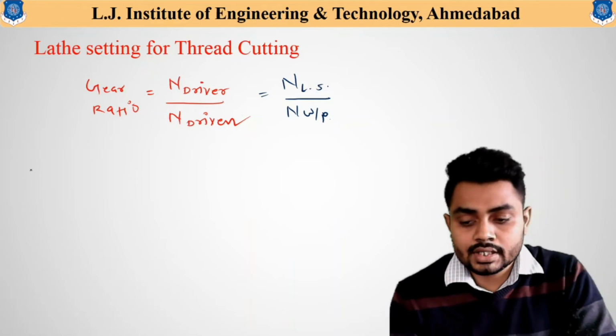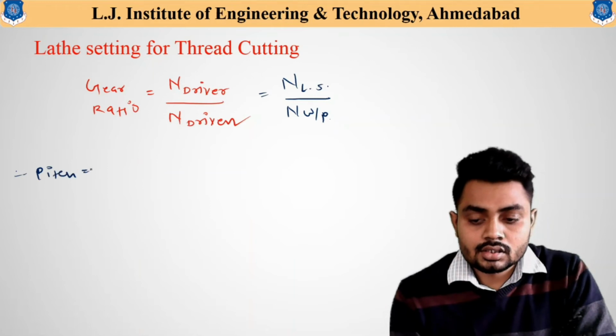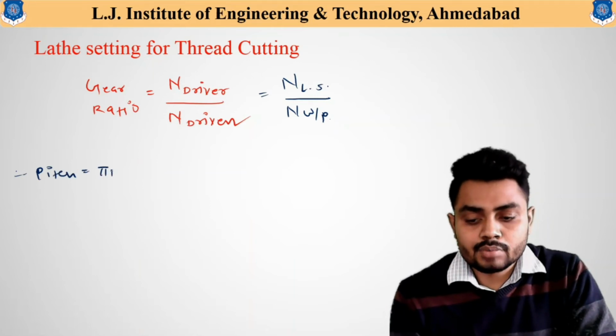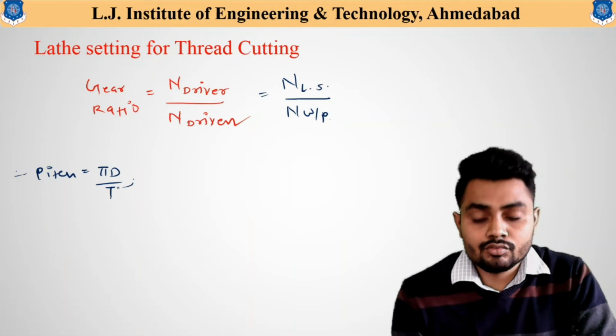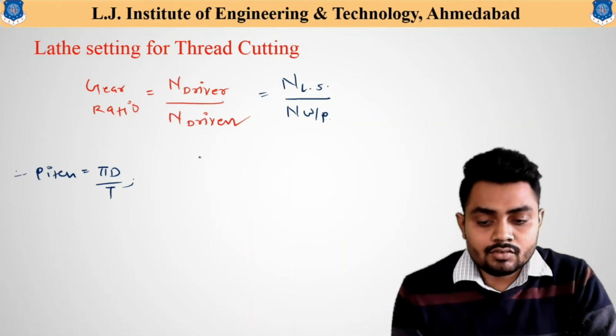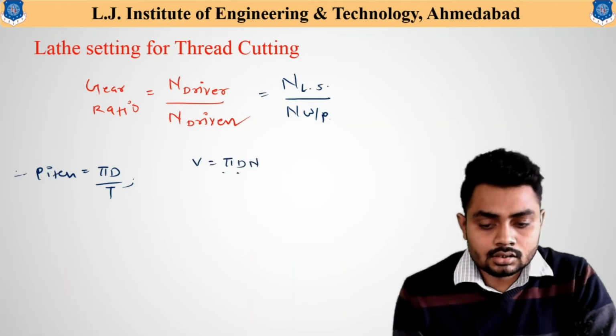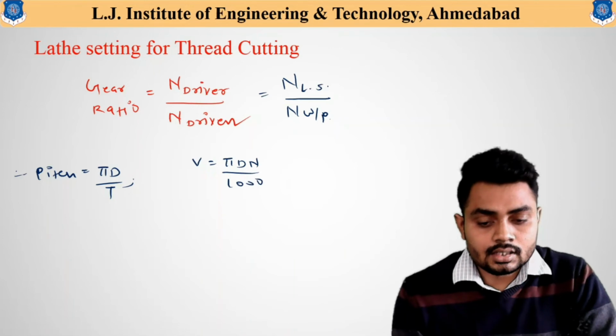Now we also know that the pitch of the gear can be written as pi d divided by t, which you have studied during your design subjects. And we also know that velocity is equal to pi dn divided by 1000.